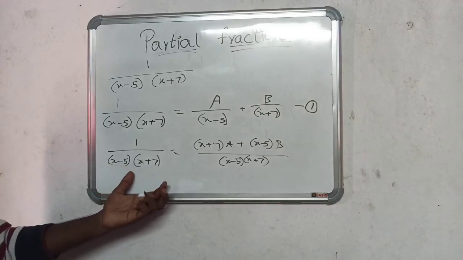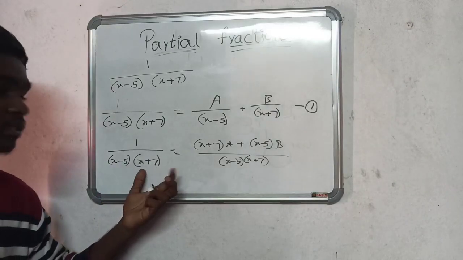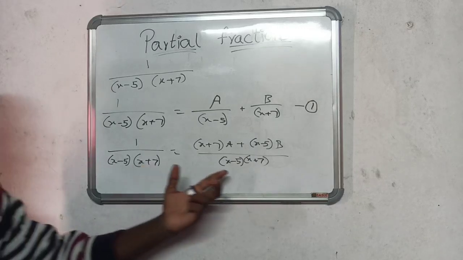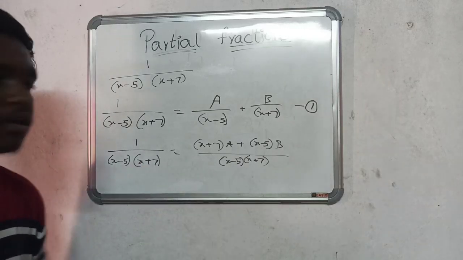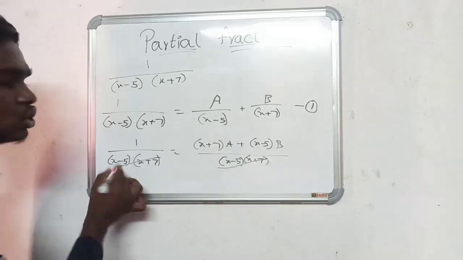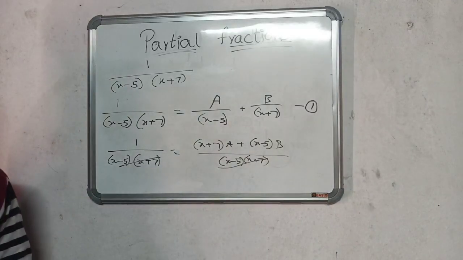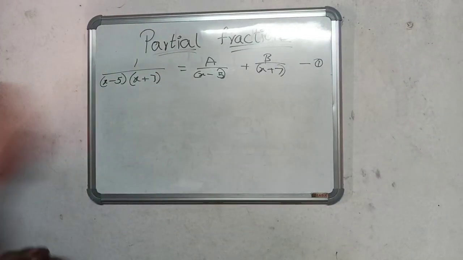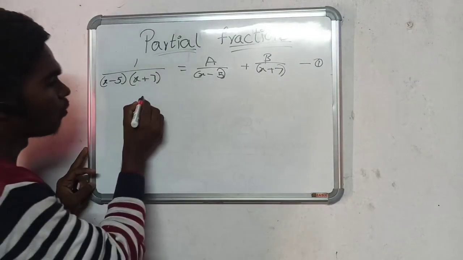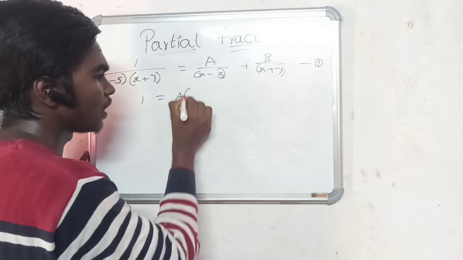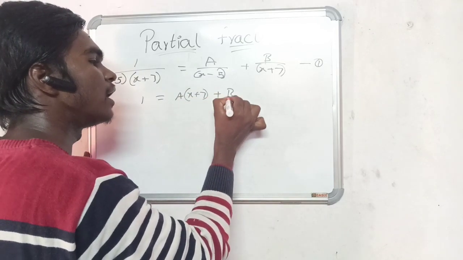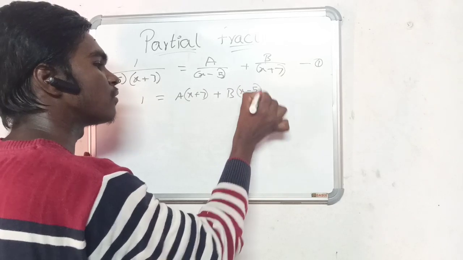Then the denominators on both sides are equal. Let's cancel these two. Then the remaining expression is 1 is equal to a into x plus 7 plus b into x minus 5.